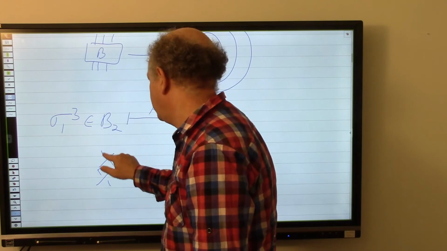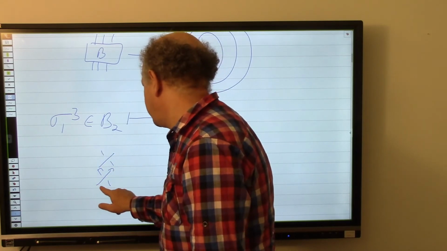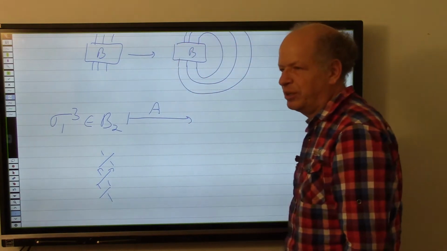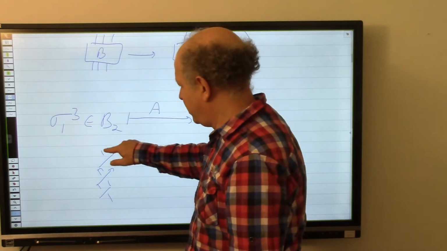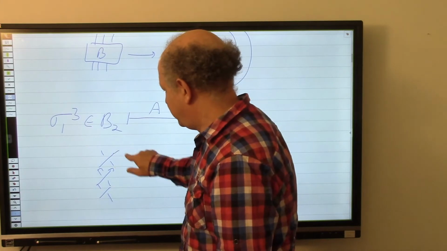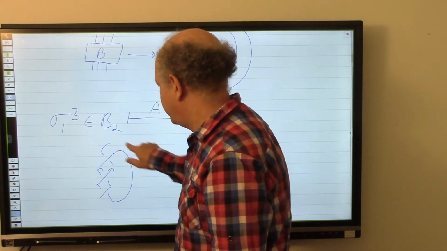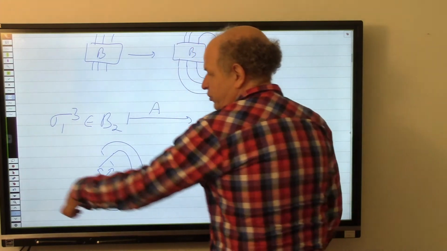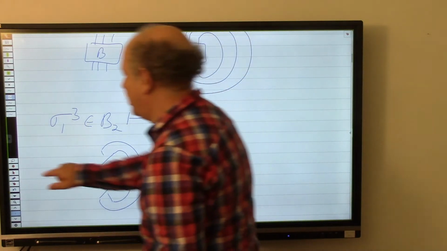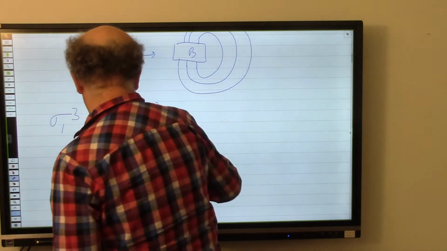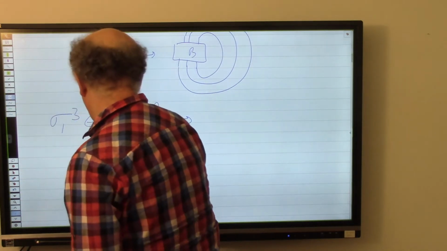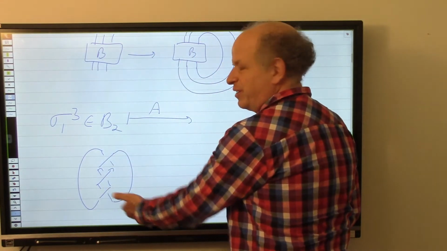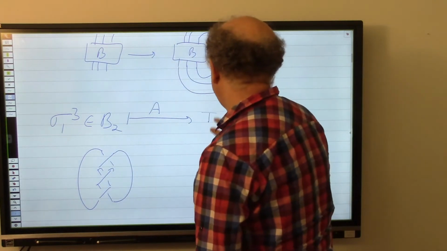So 1, 2, I'm running out of space, so the third time I'll do it at the bottom. So here is sigma 1 cubed, and I can close it. I suppose I can close it this way. Equally well, I could have pulled one of the strands and closed it on the other side. So equally well, I could have closed it that way, but this is the trefoil knot. So this is the trefoil knot.